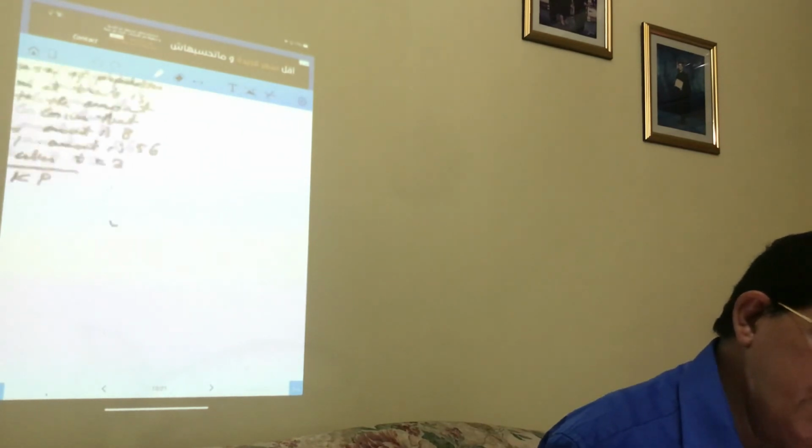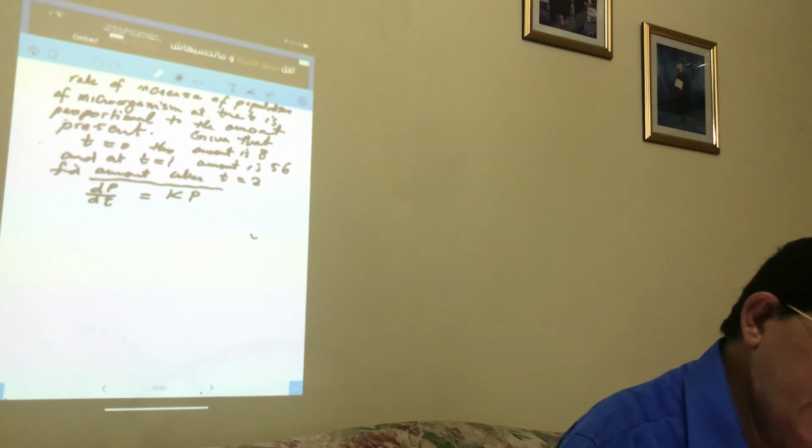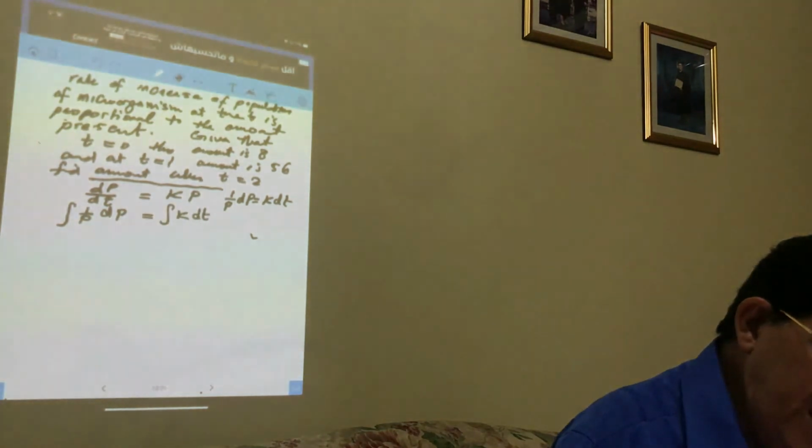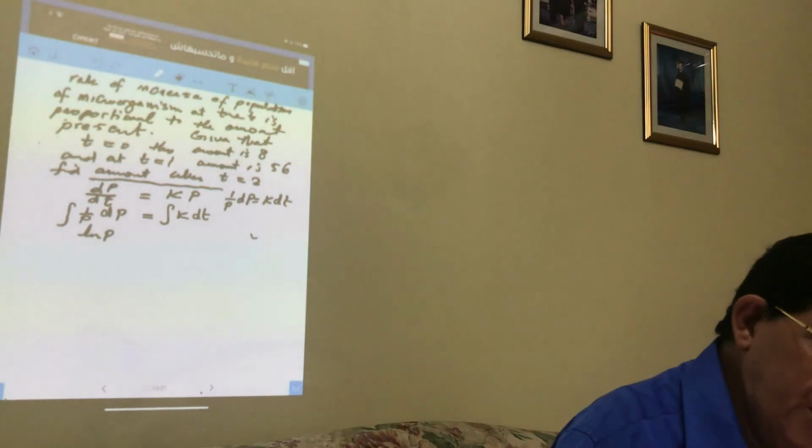Separation of variables, we get 1 over p dp equals k dt. The integration of 1 over p dp equals the integration of k dt. Ln p equals kt plus c.